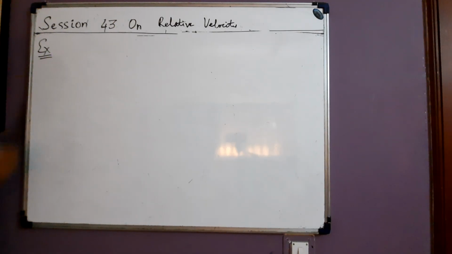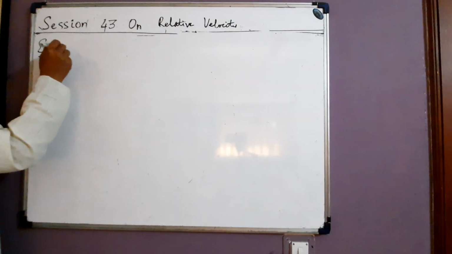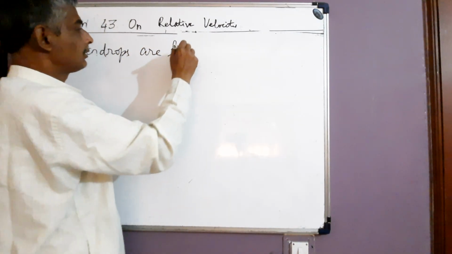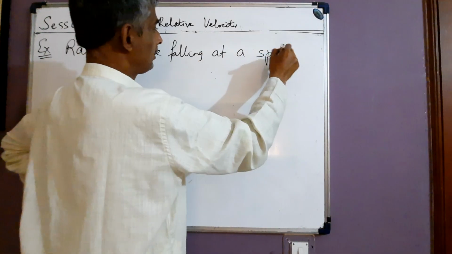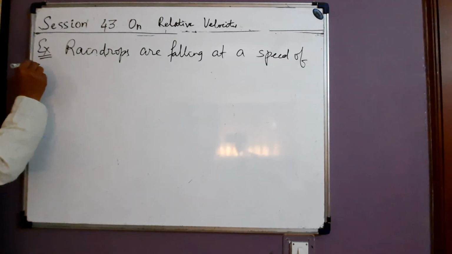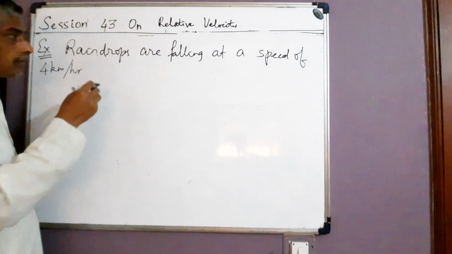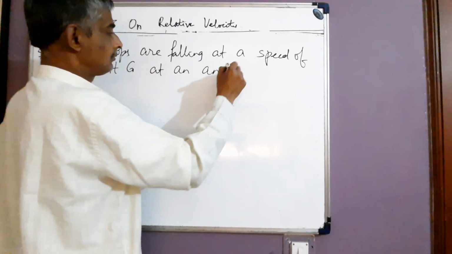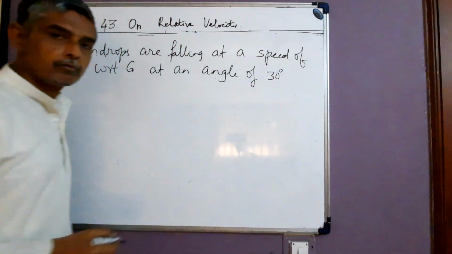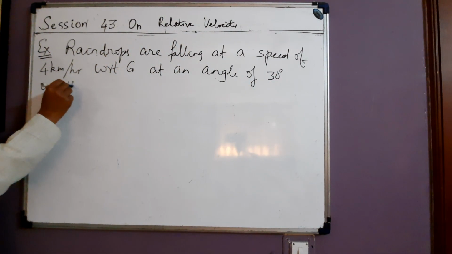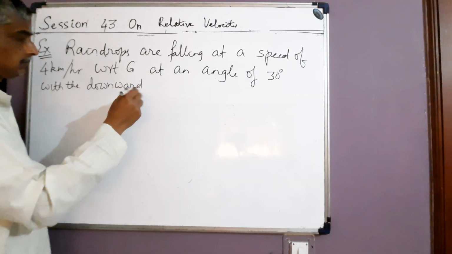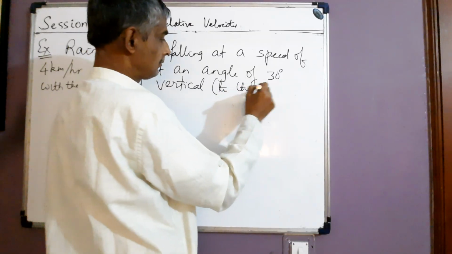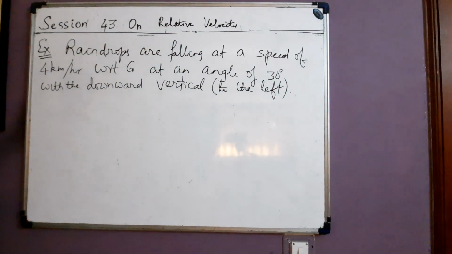I'll write down the question. So raindrops are falling at a speed of 4 km per hour with respect to ground, G for ground, at an angle of 30 degree with the downward vertical to the left.